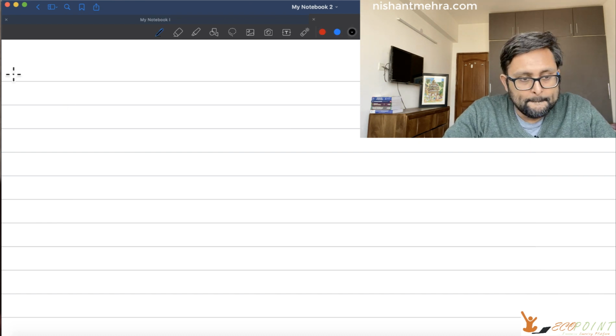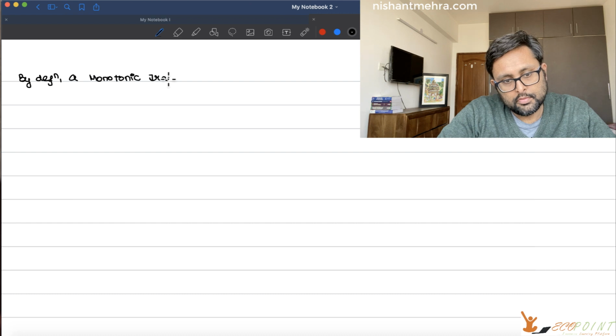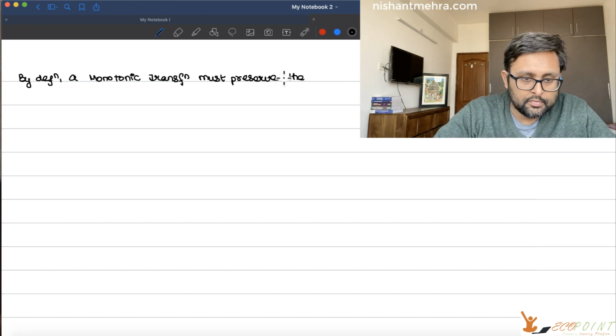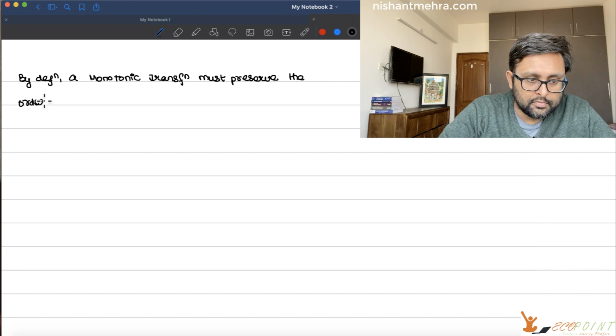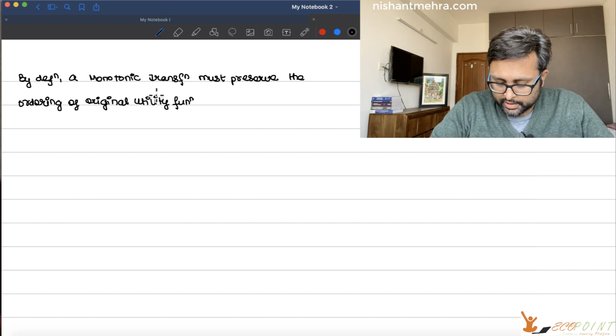So by definition, a monotonic transformation must preserve the ordering of the original utility function.